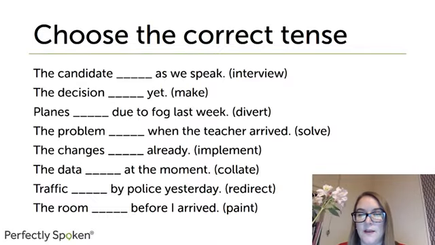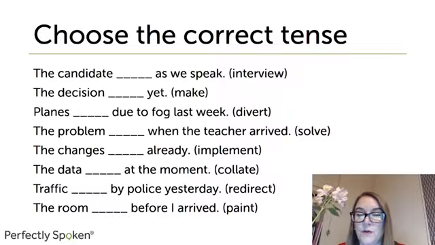Number 1, the candidate as we speak. Use the verb interview. Number 2, the decision yet. Use the verb make. Number 3, planes due to fog last week. Use the verb divert.